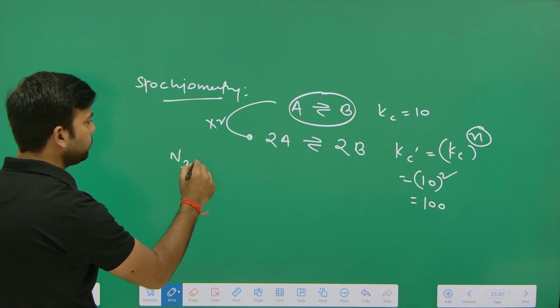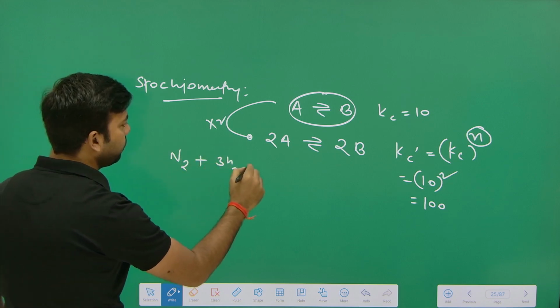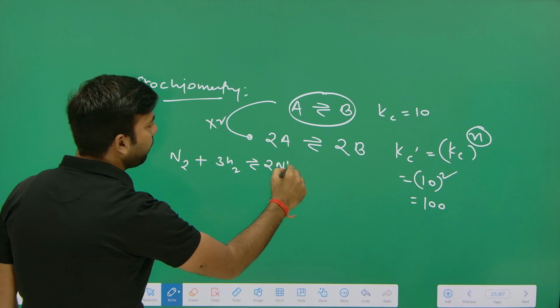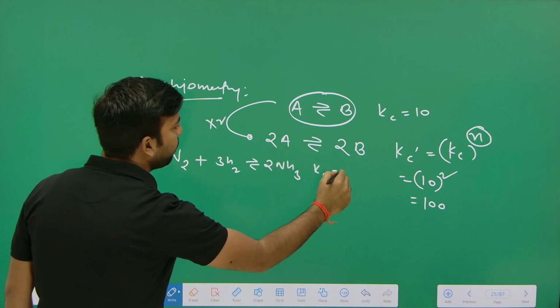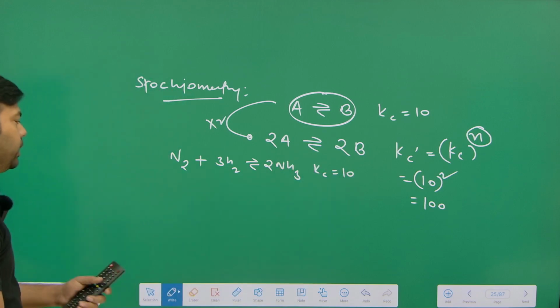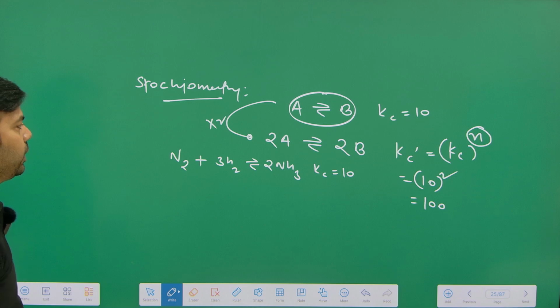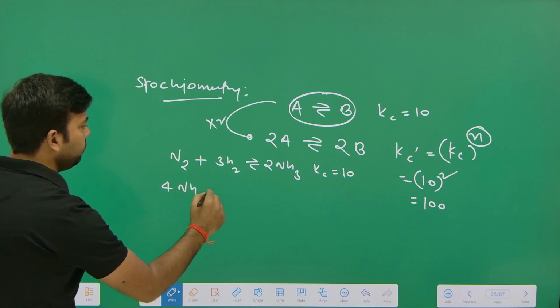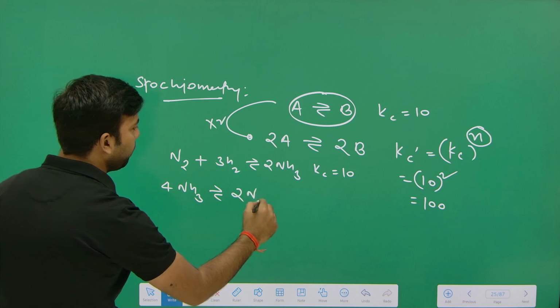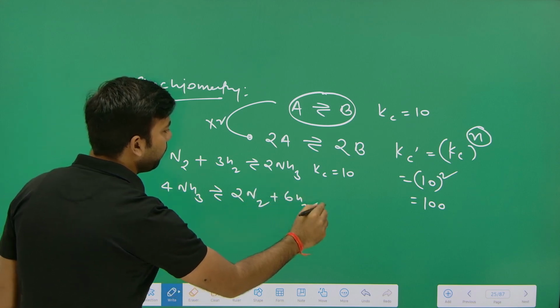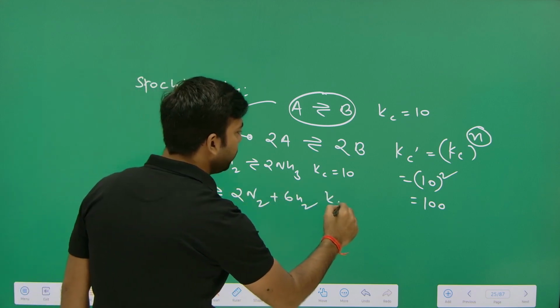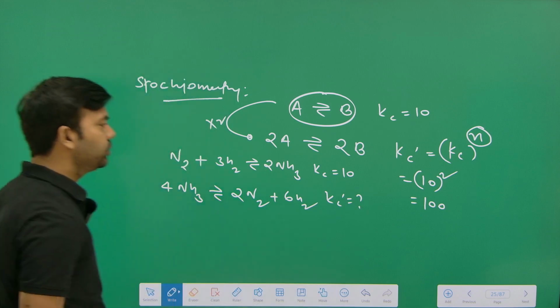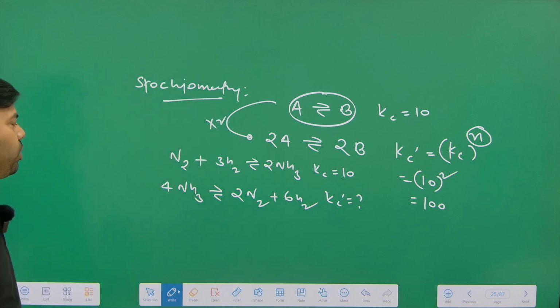I have a question for you. Suppose this is a reaction N2 plus 3H2 gives 2 ammonia and Kc is 10. My question is, what should be the new Kc for this reaction? Look here.